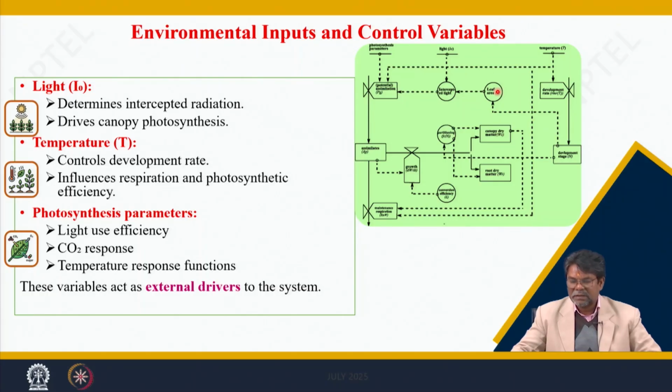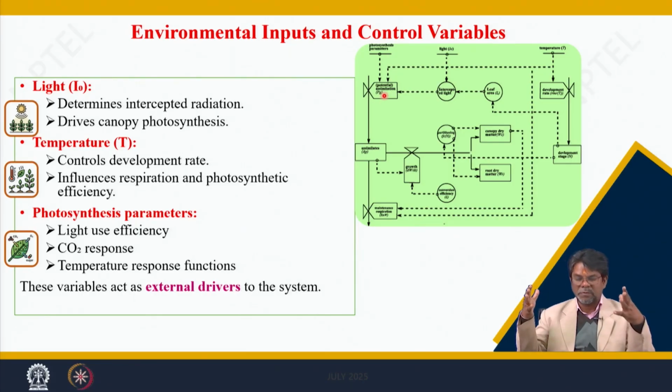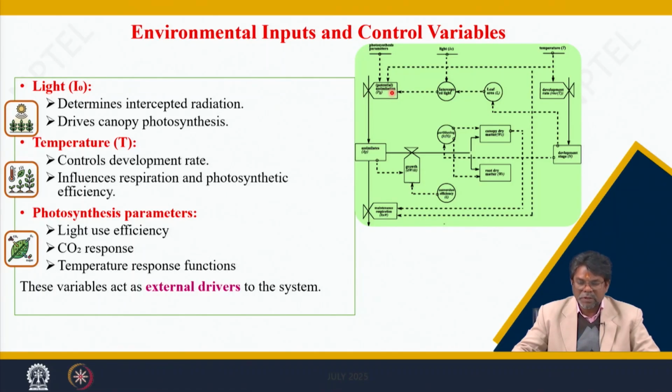The potential assimilation is influenced by the intercepted light through leaf area. Of course, it is also influenced by temperature, because the process is optimum at the optimum temperature; if the temperature is beyond optimum, the process factor is less than 1 but greater than 0. There are also some photosynthetic parameters that influence potential assimilation.